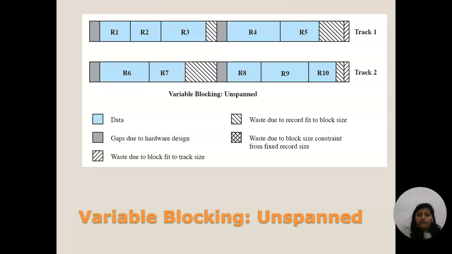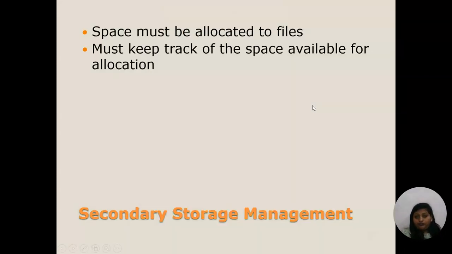In this, there isn't any same name of the field, but the blocks which are given, for example waste due to block fit to track size, is different in both the tracks, or we can say that waste due to record fit to block size are of different sizes.